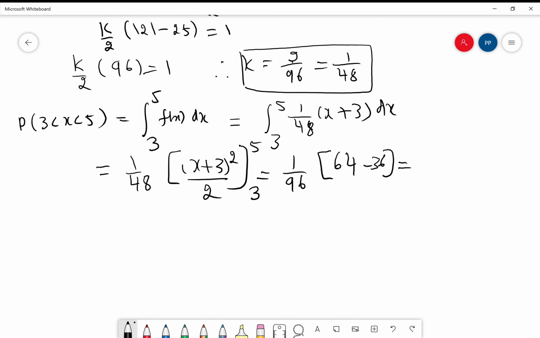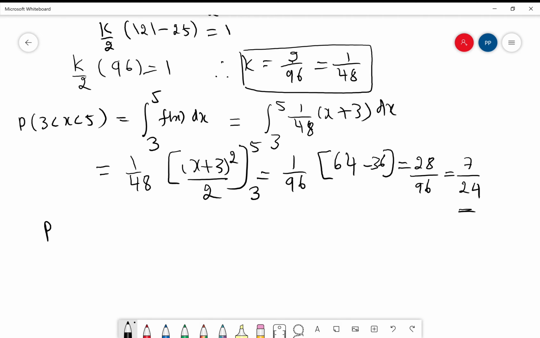And 64 minus 36 is 28. 28 by 96. Then dividing by 4, 4 sevens are 28, 4 twenty-fours are 96, 7 by 24 is the answer. Now, in the same way, we have to find the next two probabilities.